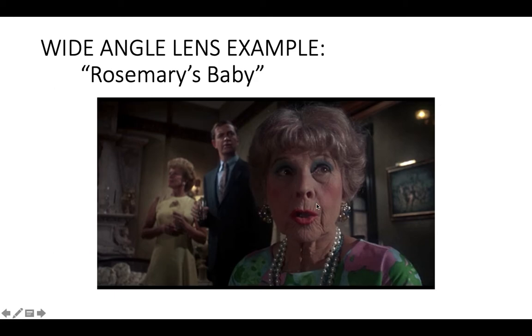So the distortion here of depth, where these characters behind her are probably just a few feet away, but they look further away than the reality of how it was shot, shows us the wide angle lens used to highlight the significance, the madness of Minnie. We get a great image of this crazy woman with her crazy makeup. We get a very clear sense of it in this image through the use of the wide angle lens, okay?